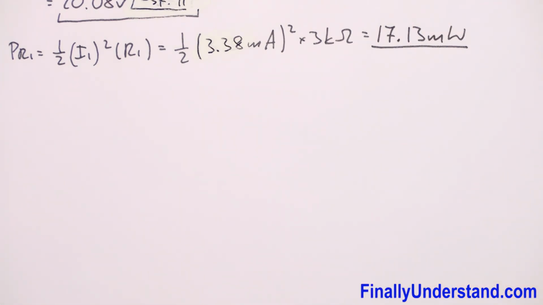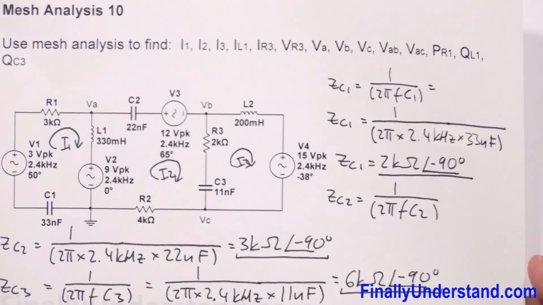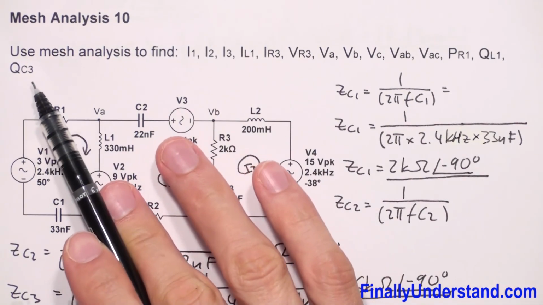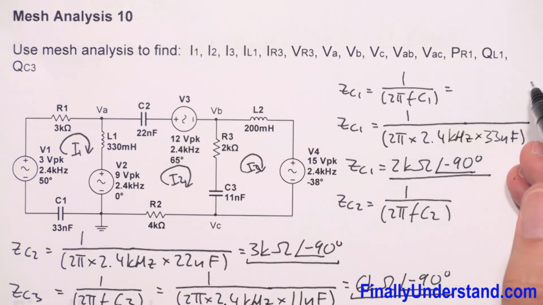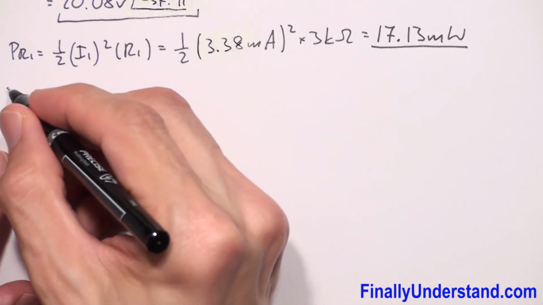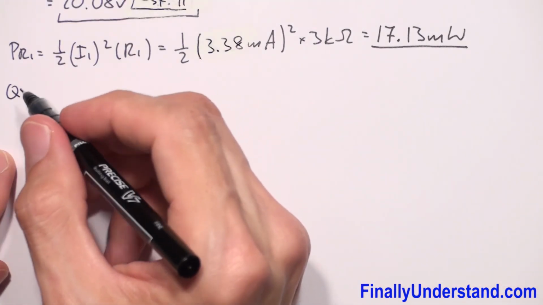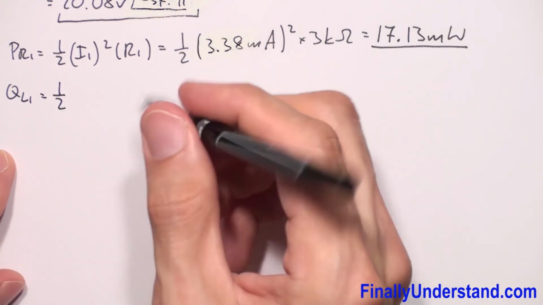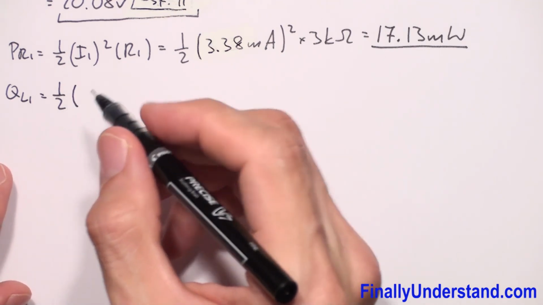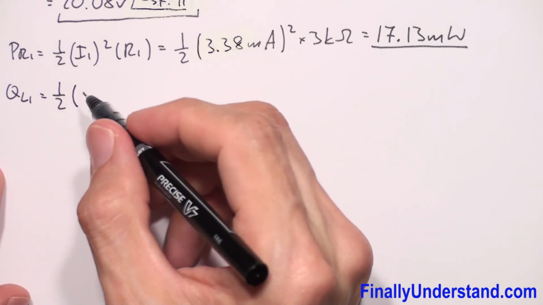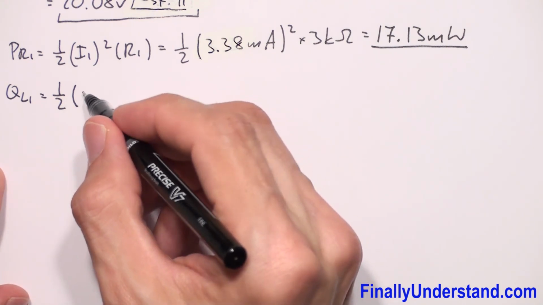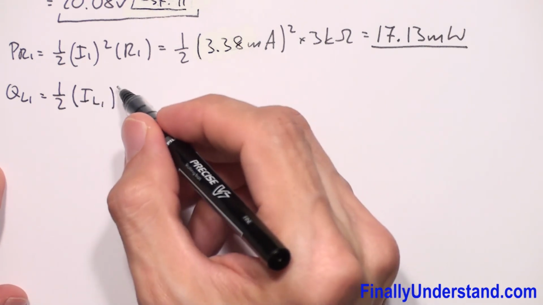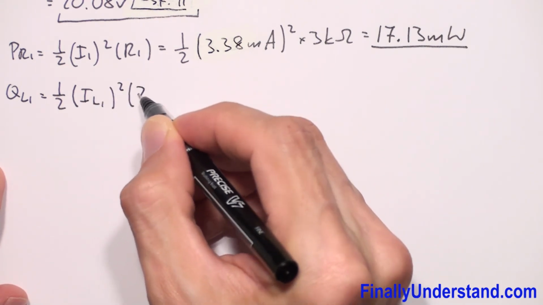Next we're supposed to find the reactive powers QL1 and QC3. So QL1, the reactive power at inductor L1, is equal to, again, 1/2, because I'm dealing with the peak current, and we found that IL1, the combination of current I1 and I2, don't forget about it, times ZL1.